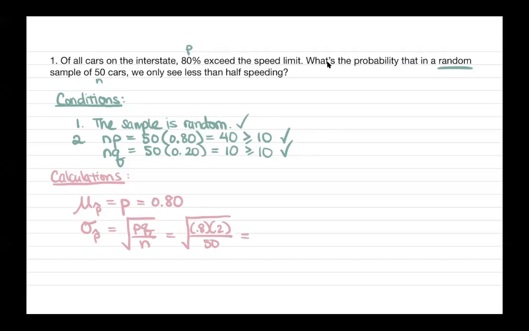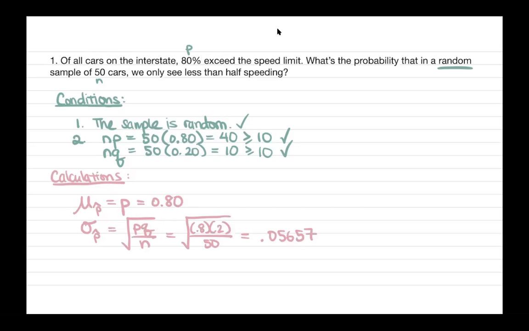And I got 0.05657. The reason why I'm using so many decimals here is because I'm going to need that number to find another final answer. So I'm not going to round that to only 2 or 3 decimals. I'm going to use a lot more for precision.